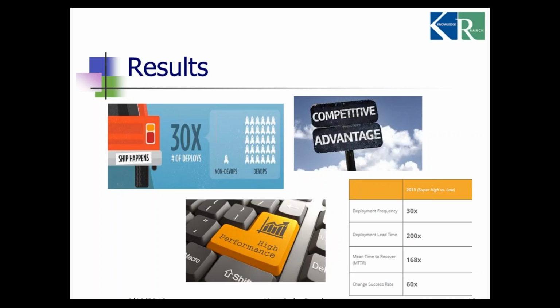Coming back to the screen, what is the result? You see a 30 times probability of delivering, which means an organization that adopts DevOps is able to deliver 30 times more releases than a company that doesn't. Huge competitive advantage: the time to market is reduced, and we can deliver features faster than our competition.